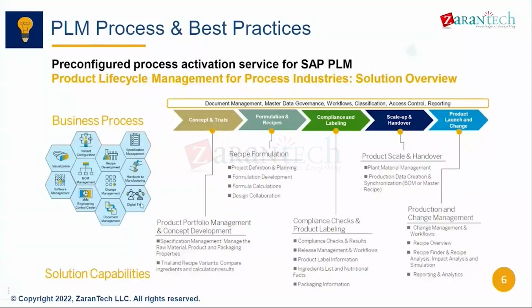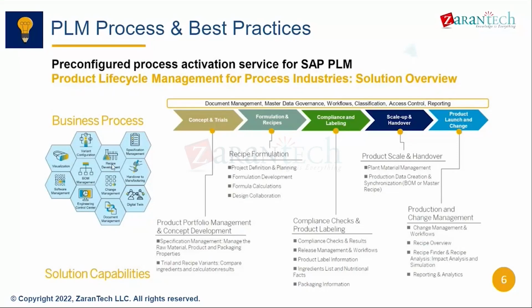So most of the process industry will use specification management, recipe development, document management, change management, and BOM management. BOM management, for the process industry, will fall within recipe development, where you can have a single level or multi-level BOM. Once you explode the BOM, the whole product BOM will give you an overview within recipe development.